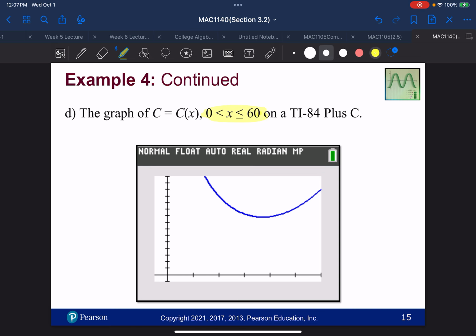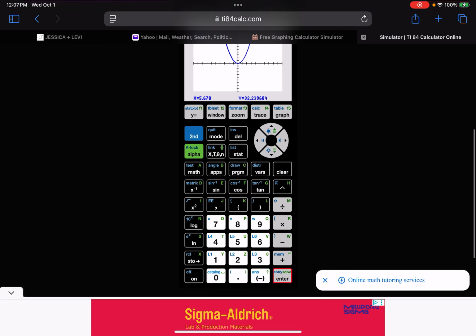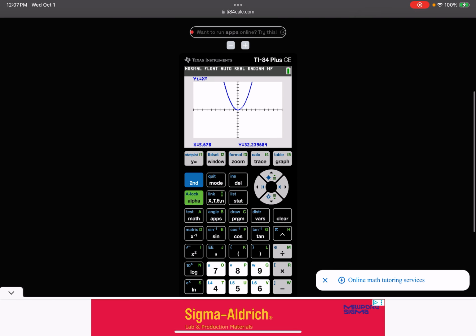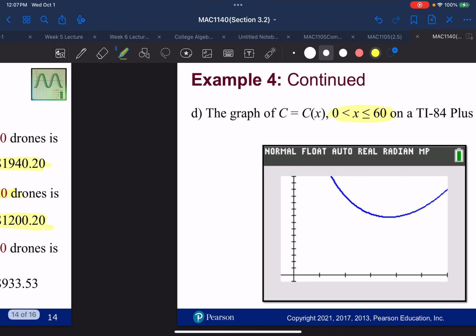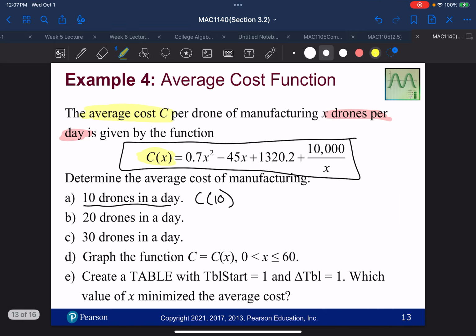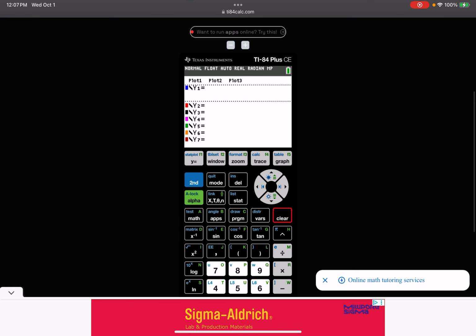And this is what the graph will look like. So let me go to my graph, clear, and let me see. Okay, I am going to type this graph into the calculator.